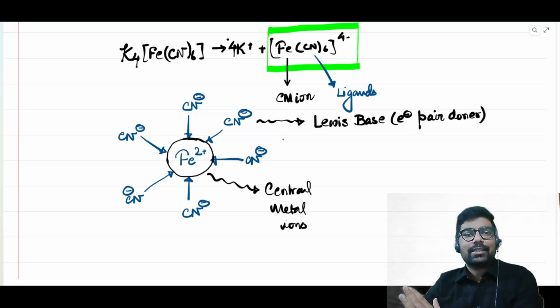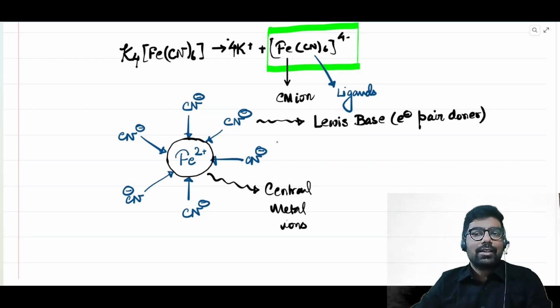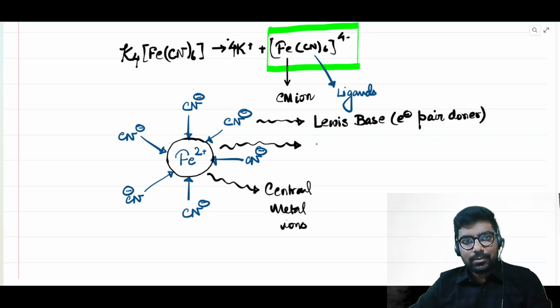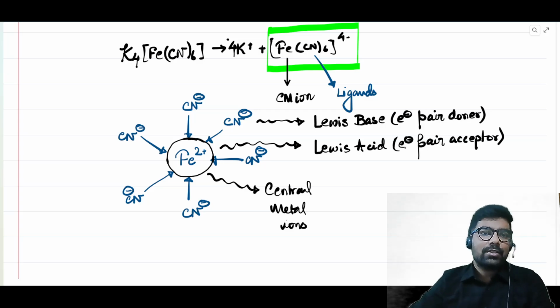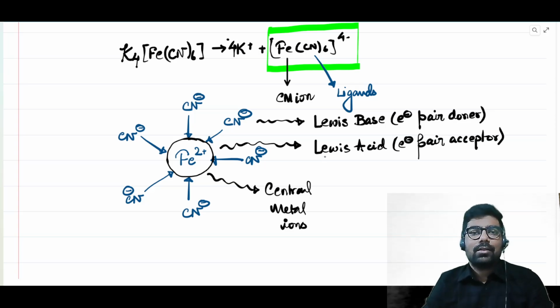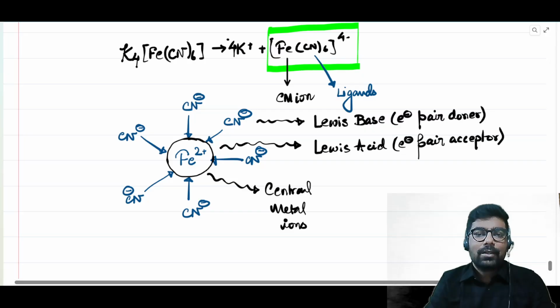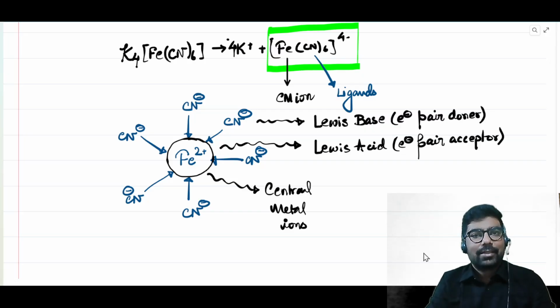So all the ligands that are donating the electrons, they are the Lewis base, and the electron pair acceptors are basically Lewis acid. So basically it's the acid base reaction in which the central metal ions are the Lewis acid which accepts the pair of electrons, and the ligands are the Lewis base that gives the pair of electrons, right? Okay.